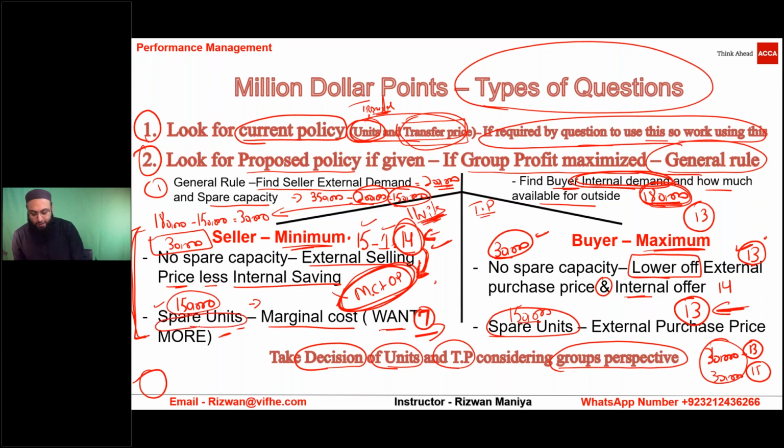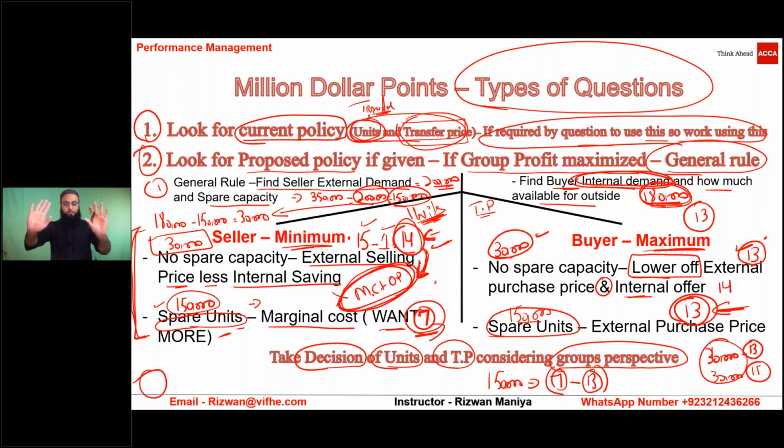Should they transfer these internally? Yes. Spare units, yes. So these 150,000 units can transfer within the division. What would be the minimum for this? 7. And what would be the maximum? 13. Minimum 7, maximum 13. Now they will negotiate themselves and we don't know what the price will be.